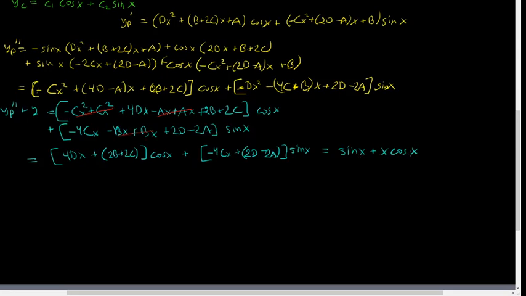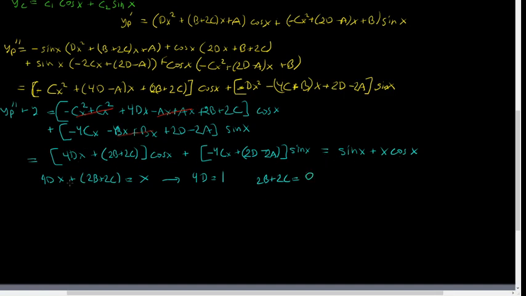So let's see, x cosine x. So all of this should equal x. So we have 4dx plus 2b plus 2c just equals x. So that tells me that 4 times d has to be 1, and 2b plus 2c has to be 0. Right, now let's look at the sine term here.